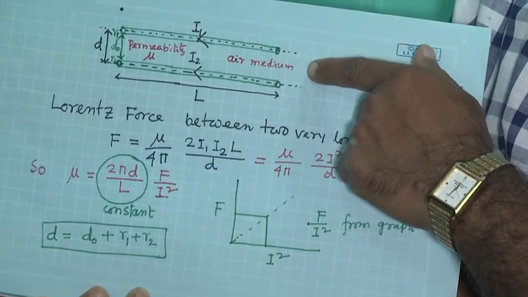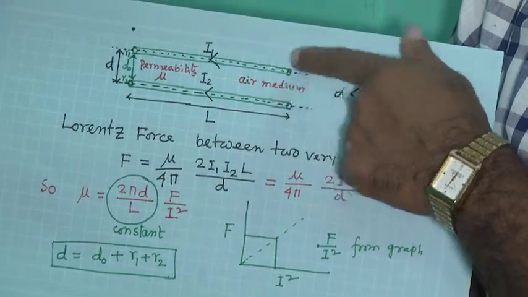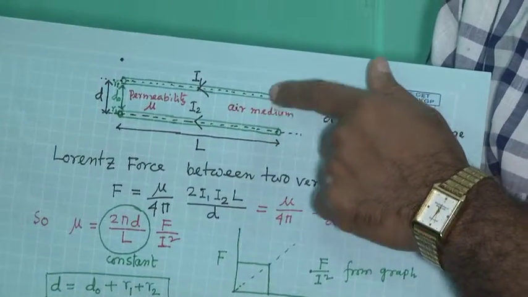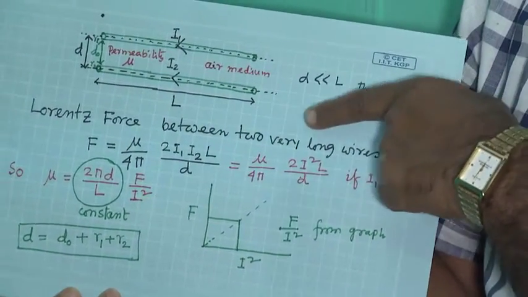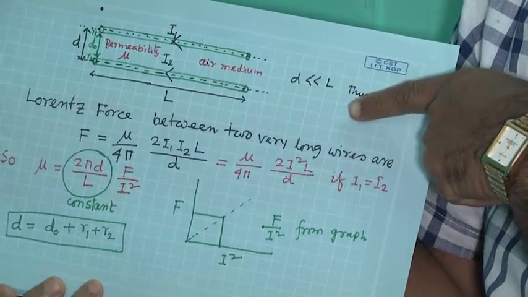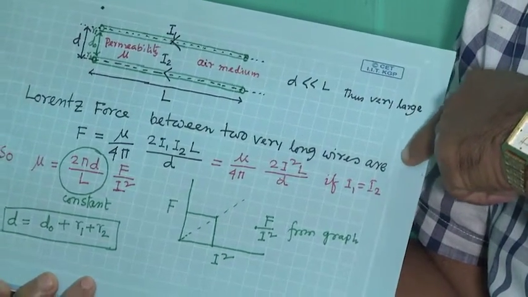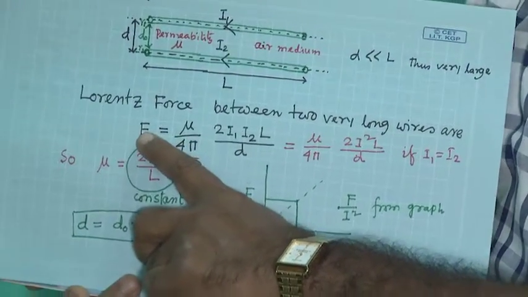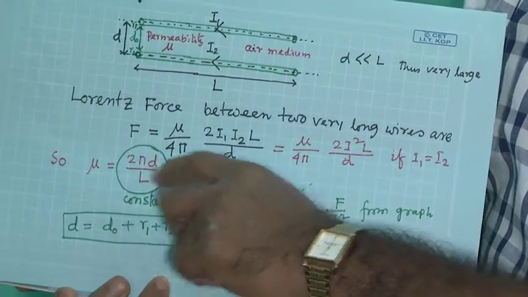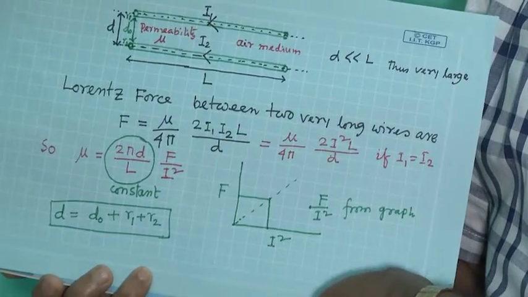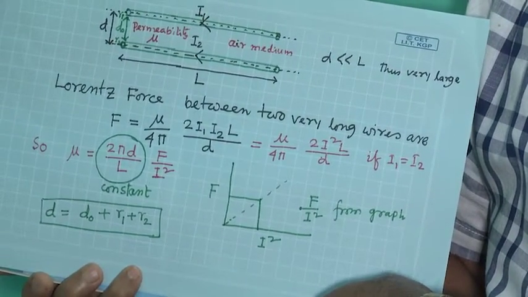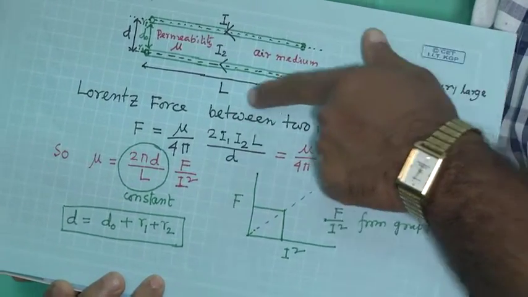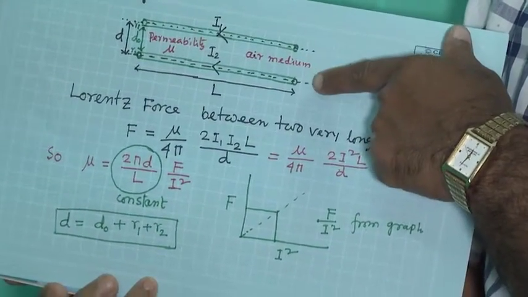So, the Lorentz force between these two wires when they are carrying currents I1 and I2 is, for two very long wires, given by this formula: F equals mu by 4 pi times 2 I1 I2 L divided by D. L is the length of the wire.